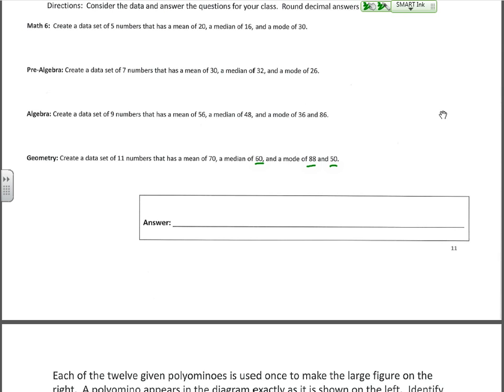So even if you only have 88 and 50 each appear twice and 60 once, that's 5 of your 11 numbers already kind of defined for you. Then your other 6 have to make it some way to end up with a mean of 70. So multiple answers, definitely, but you get to create this one on your own.